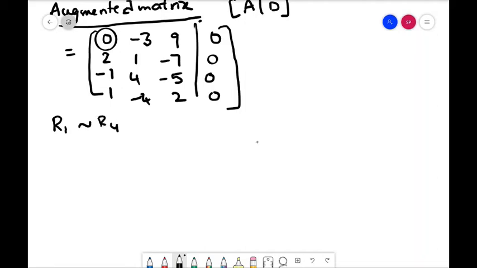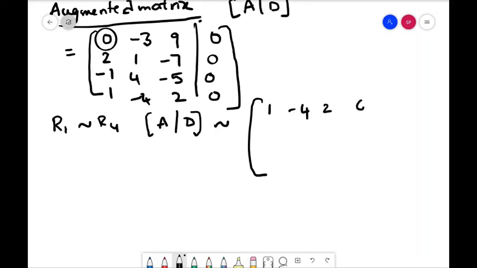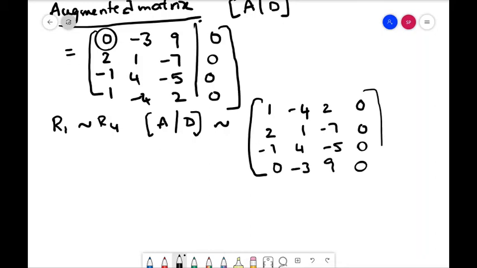This matrix A|B is transformed to, bringing the fourth row here, 1, minus 4, 2, 0, and then the second row has no change, 2, 1, minus 7, 0, and minus 1, 4, minus 5, 0, and then the first row is going here, 0, minus 3, 9, 0.